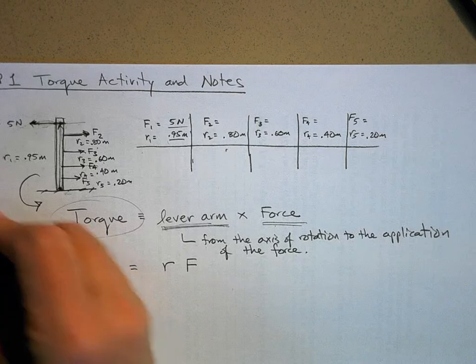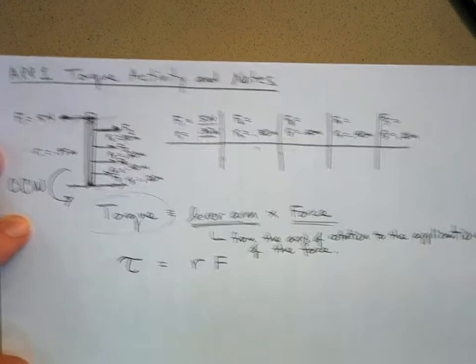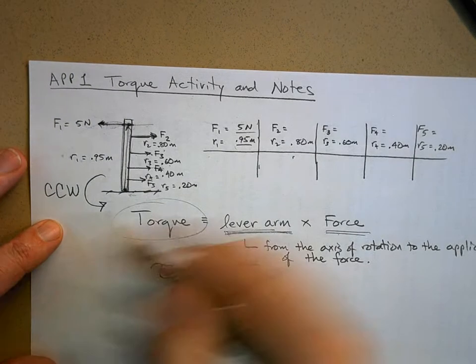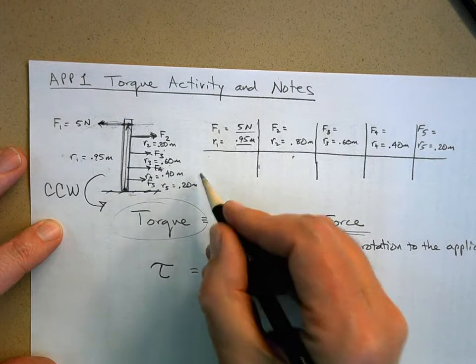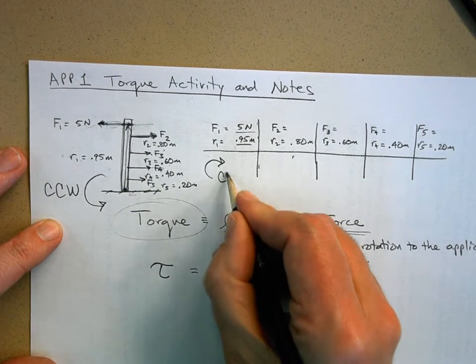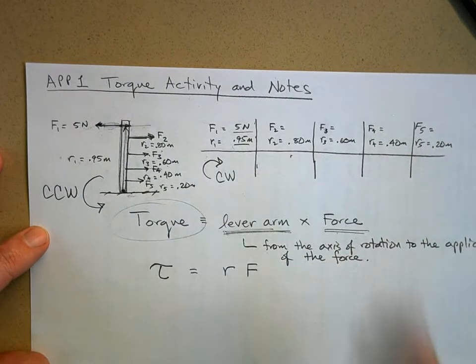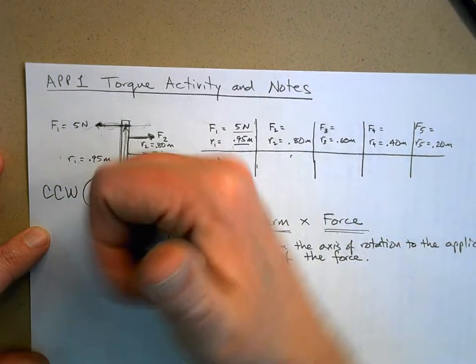So we call this counterclockwise. Whereas these forces, when you moved it down, they were all trying to make it rotate in this direction, which we call clockwise. Now, counterclockwise, we're going to call that a positive torque.